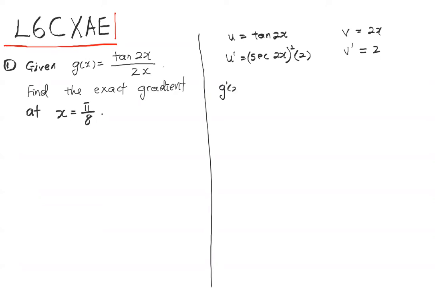So your g prime x is equal to, by the quotient rule, 2x times secant 2x squared times 2, take away tangent 2x times 2, the whole thing divided by 2x squared.